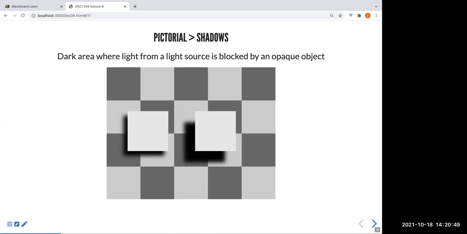Shadows, obviously, are something that we also use to understand 3D information. And this one again, you can think of as a kind of illusion, but it's something that you can use in a chart to give a 3D perspective to the objects. So here, obviously, there is no depth.